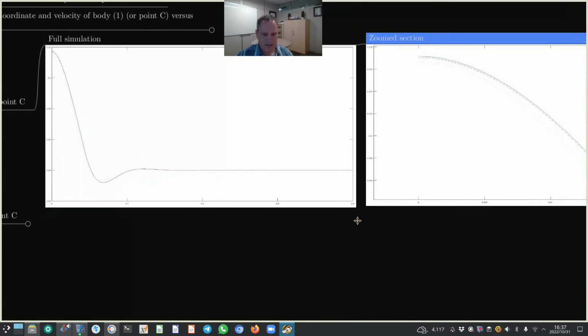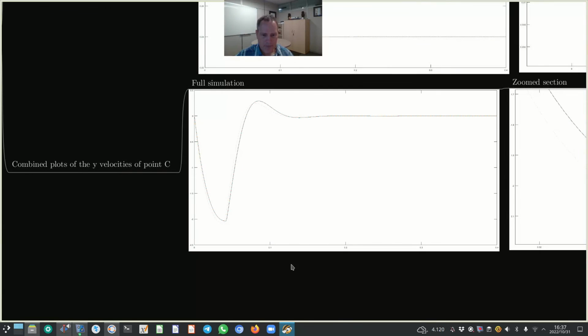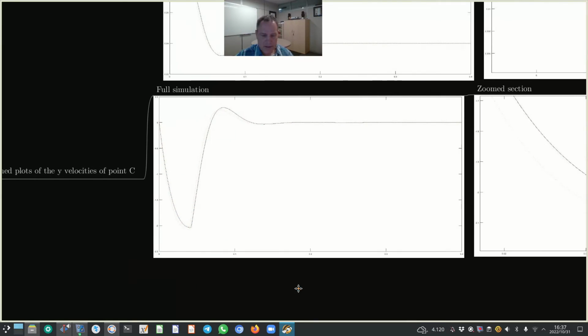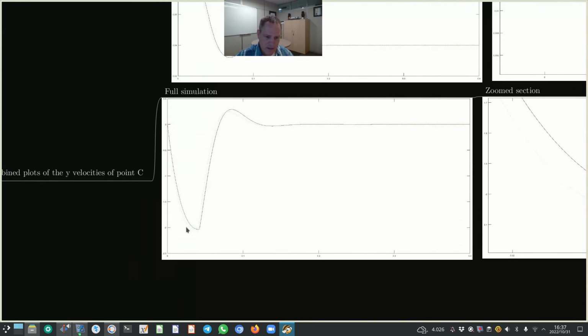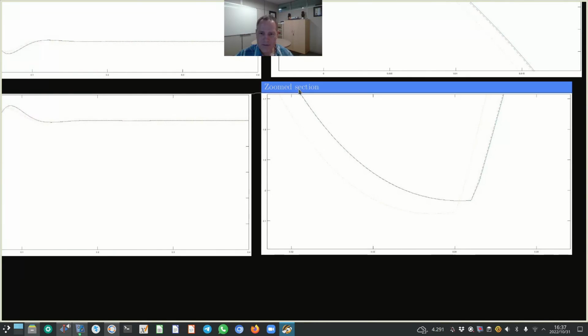Okay, and the same goes for the velocities. Here the difference is even greater, you can see it on the full simulation, but also clearly in the zoomed section. So the blue and red dashed lines are close together.